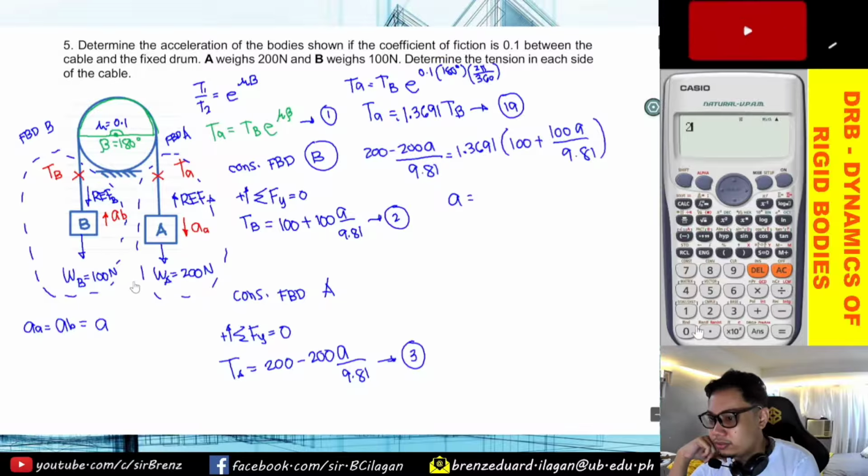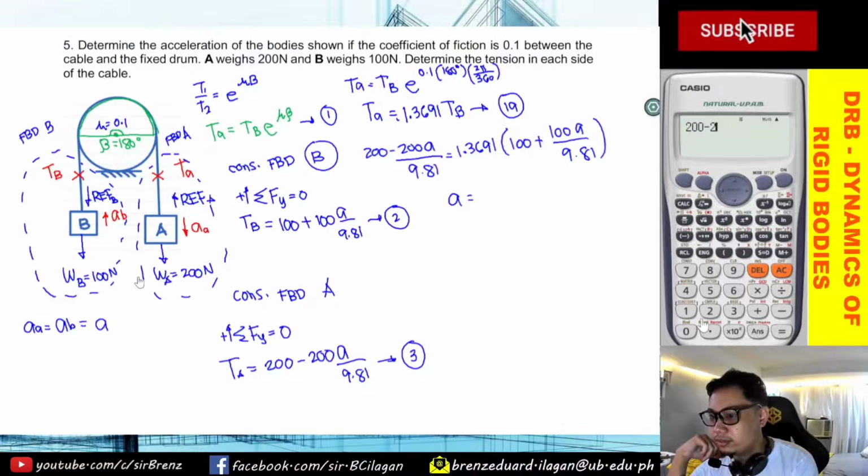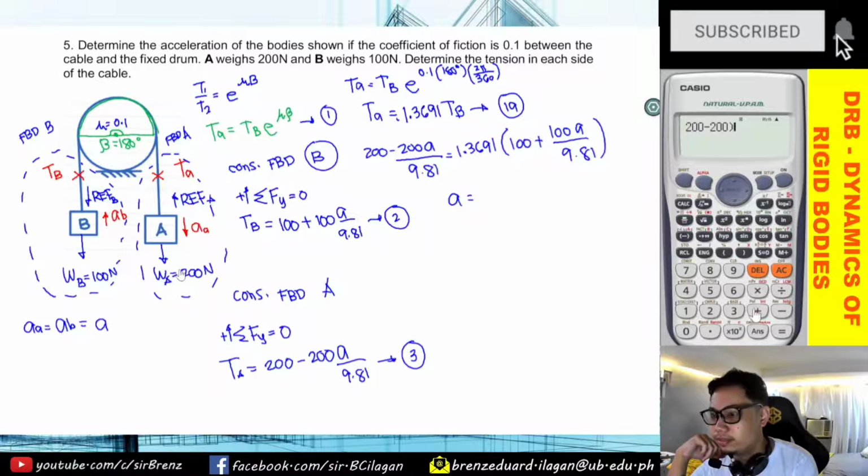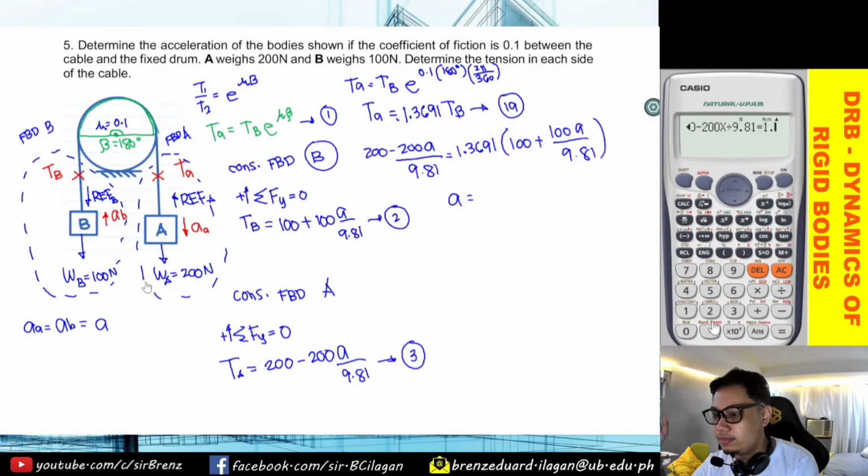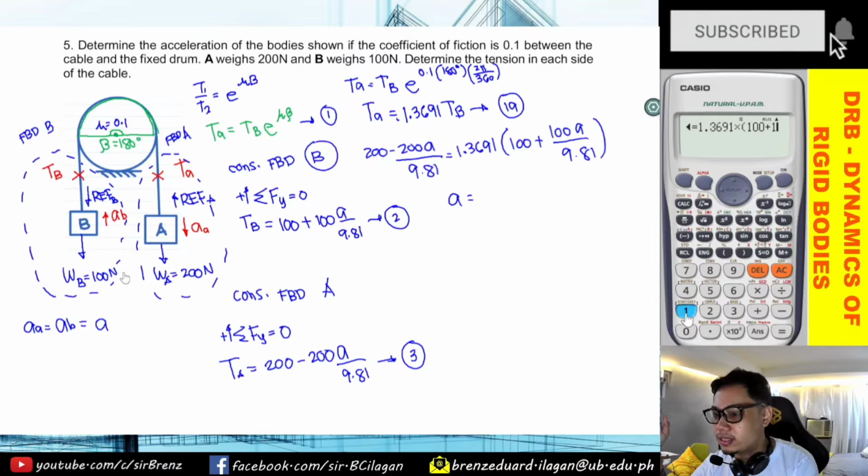So that is 200 minus 200 times x divided by 9.81 equals to 1.3691 times 100 plus 100 times x divided by 9.81.